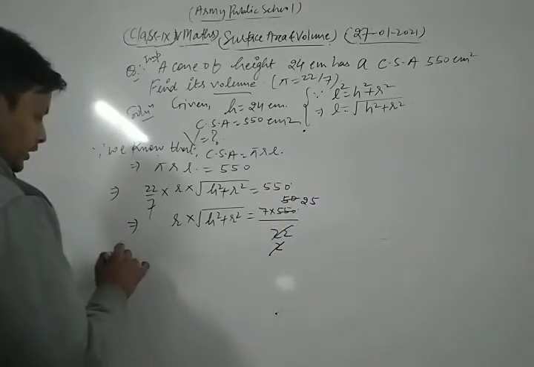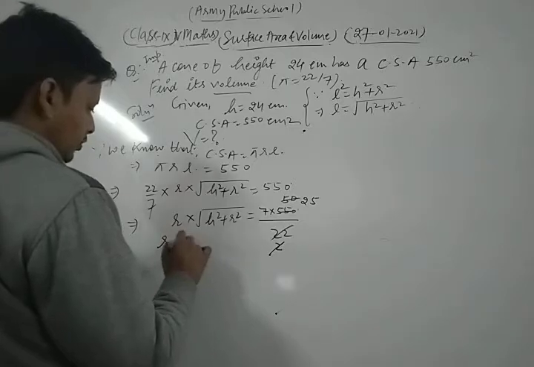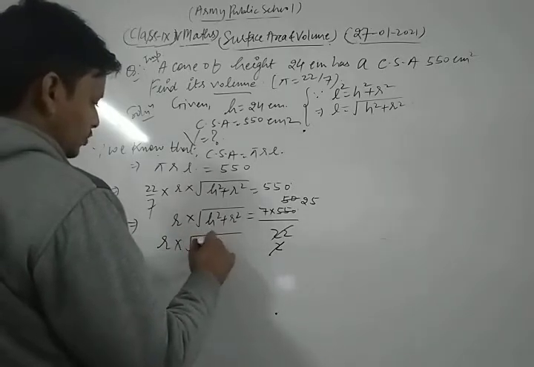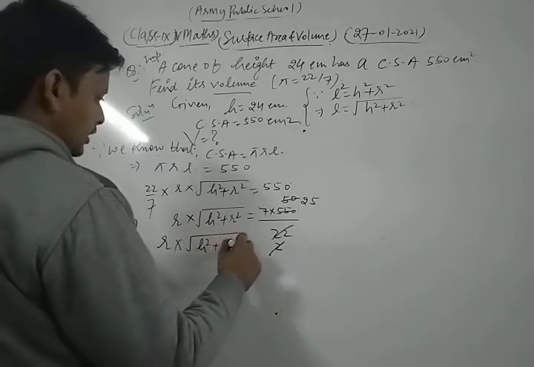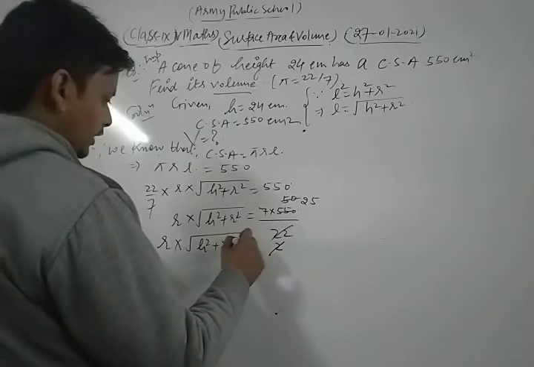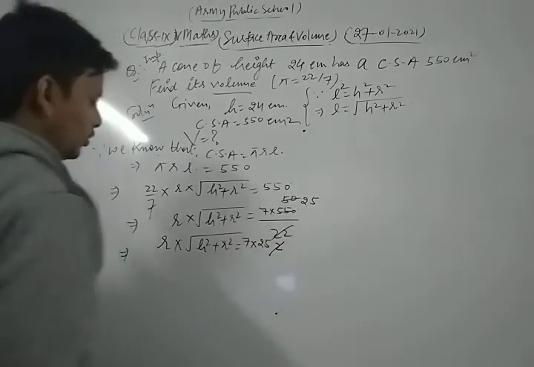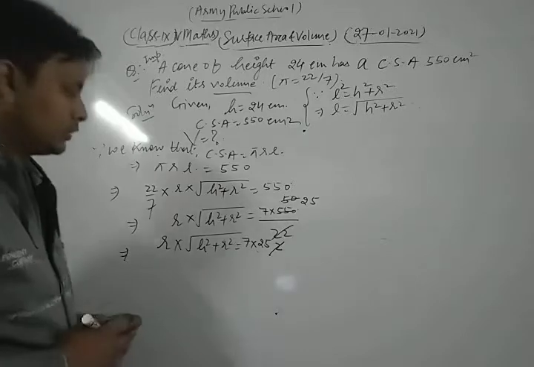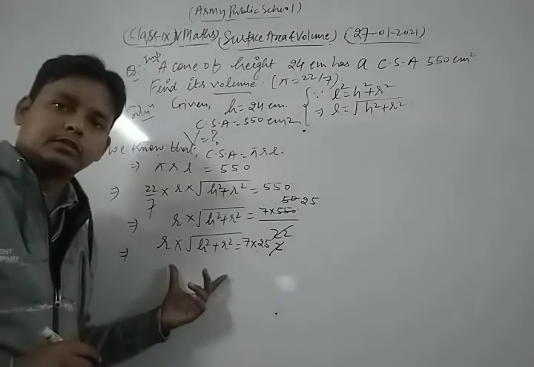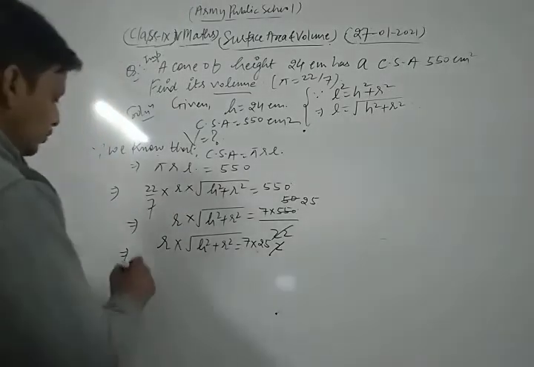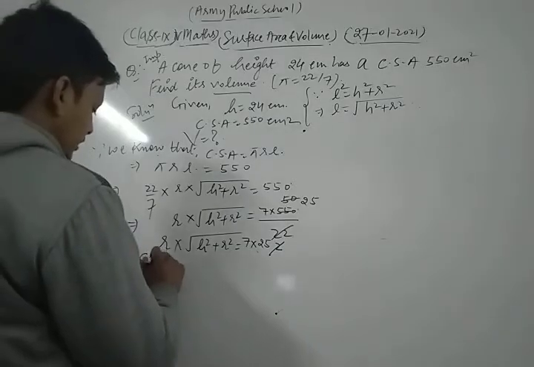Now we get r into the square root of h square plus r square is equal to 7 into 25. Now we take squaring on both sides.